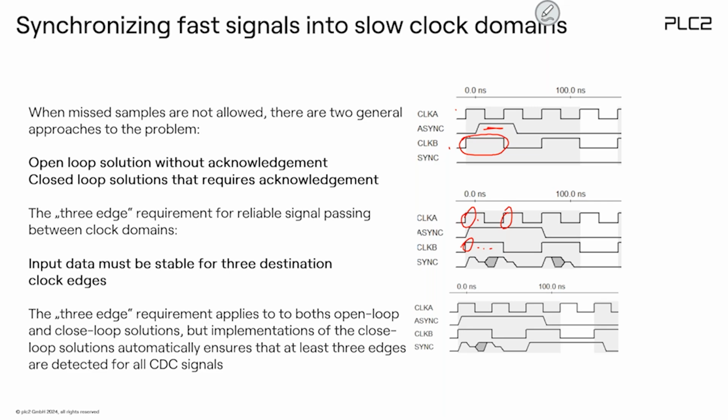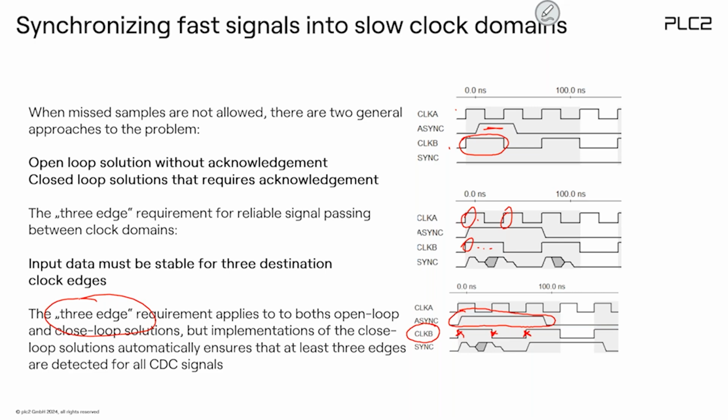the asynchronous signal must be seen by your capturing clock, in this case clock B, for 3 edges. It's 1, 2, 3. This is called the C edge requirement.